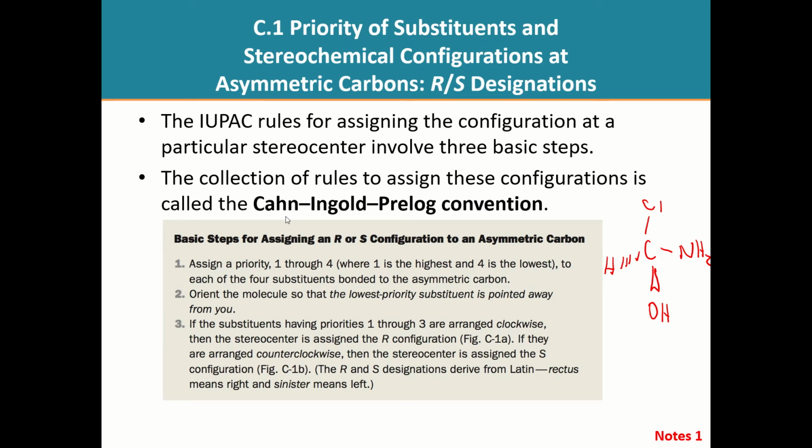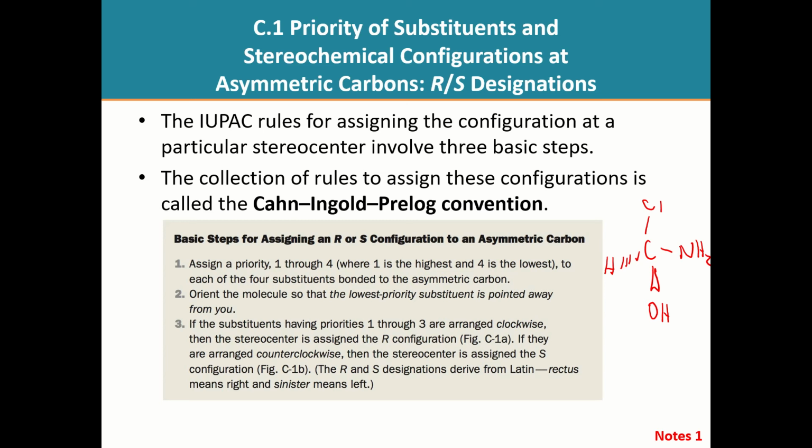Step 1 says that we need to prioritize the 4 groups about that stereocenter in a priority of 1 through 4, 4 being the lowest and 1 being the number 1 priority, or the top priority.